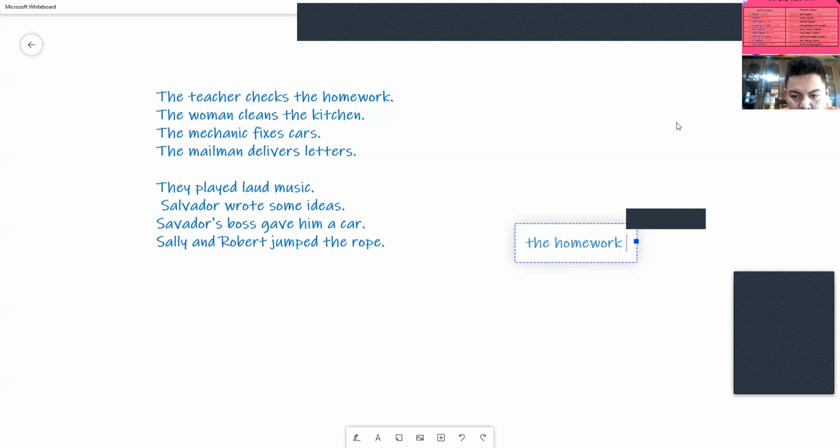No. De homework. A ver, espérenme. El pasado participio de check, ¿no? No, yes, but what is the verb to be? No, what is the correct form of the verb to be for the homework?